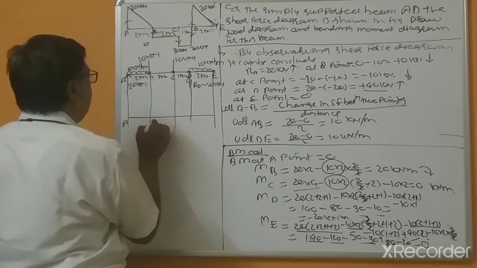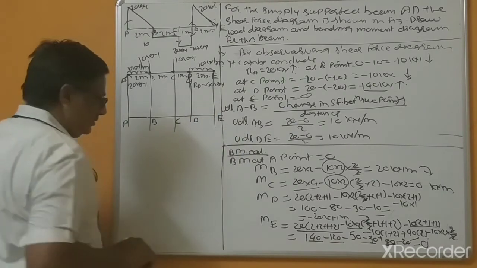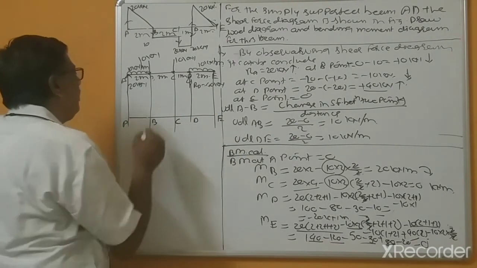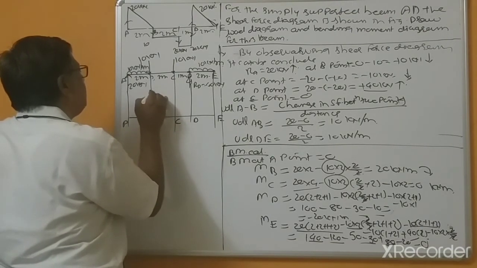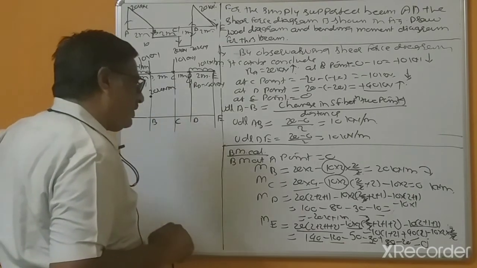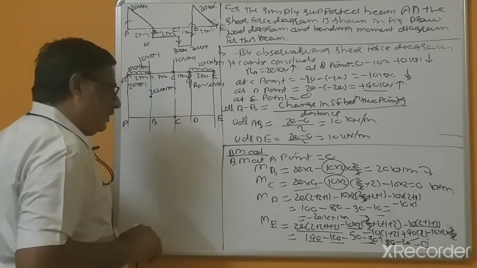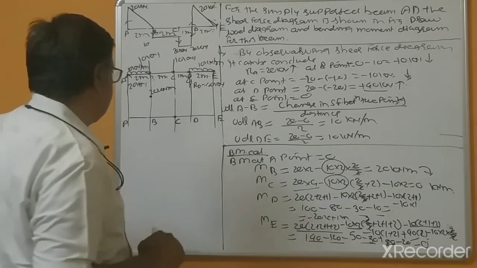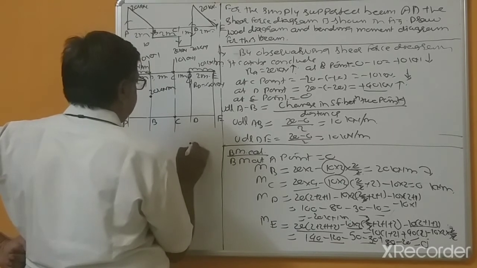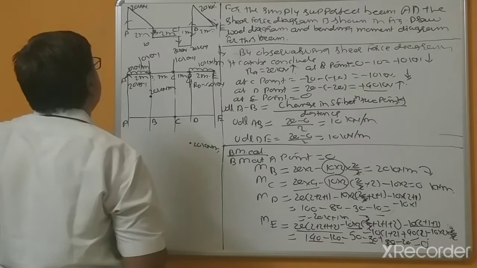So that's why bending moment calculation is done, now the bending moment diagram. A point, B point, C point, D point, and this is E point. Bending moment at B point, suppose this is 20 kilonewton meter. Bending moment at C point 0. Bending moment at D point 20 kilonewton. And bending moment at E point.